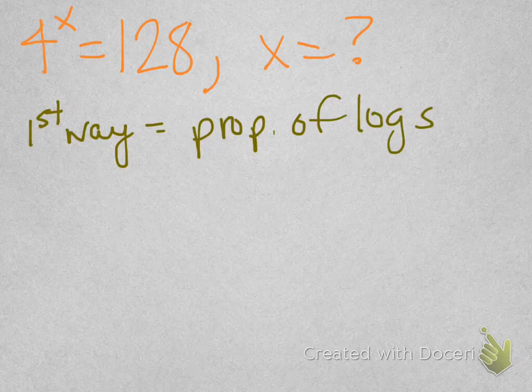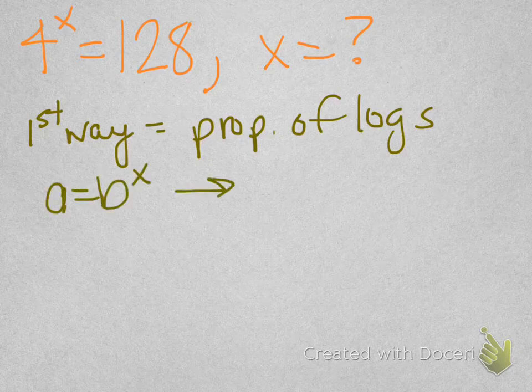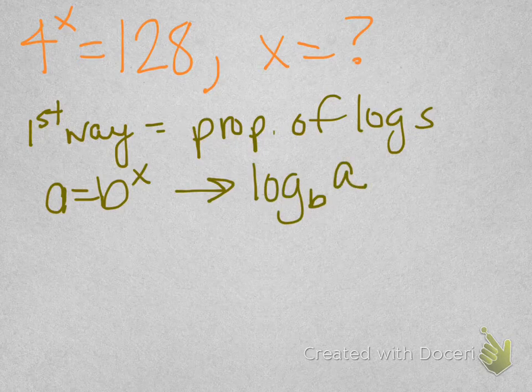So remember, the property of logs was from the other screencast, which said that if I have something where a equals b to the x power, then that's interchangeable as log base b of a is equal to x.